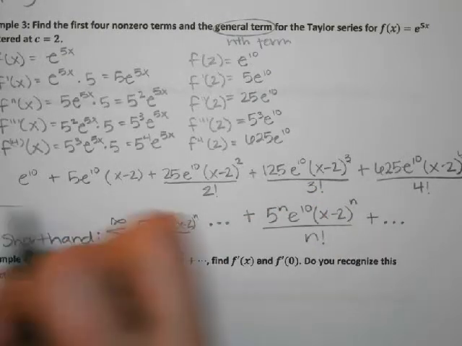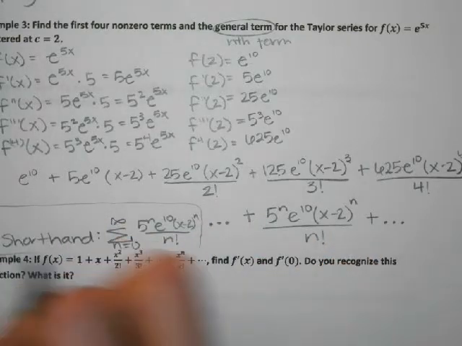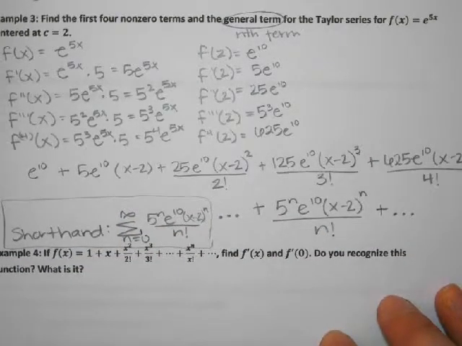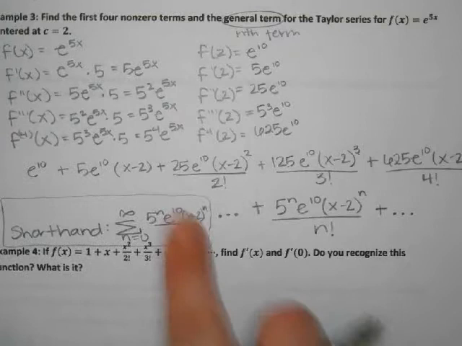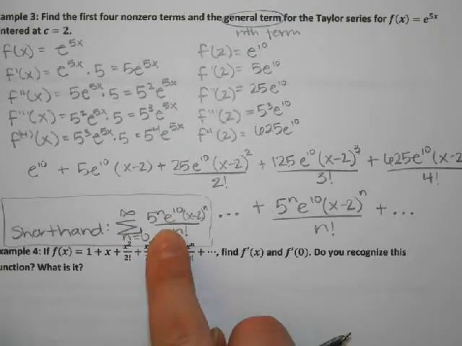So you'll notice that as we've started writing these particular problems in our shorthand with our sigma notation, we often start at n equals 0, not n equals 1. Okay, so notice that that's our way of getting a term without an x in it to start with.